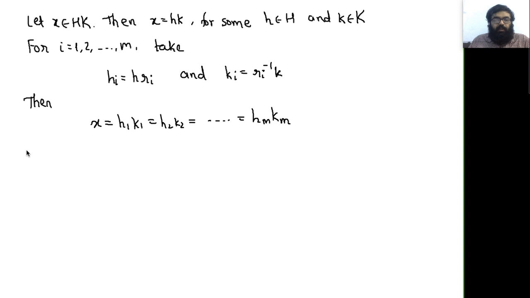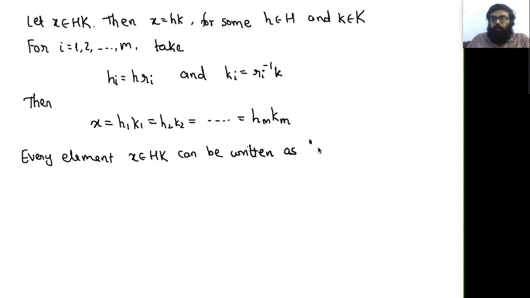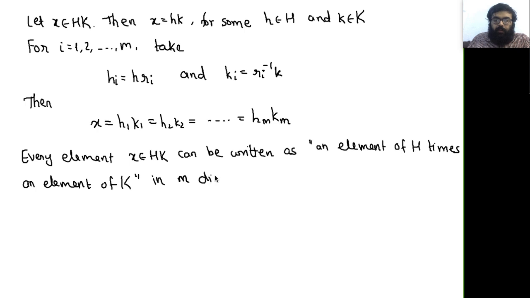So this means every element X in HK can be written as an element of H times an element of K, in M distinct ways.